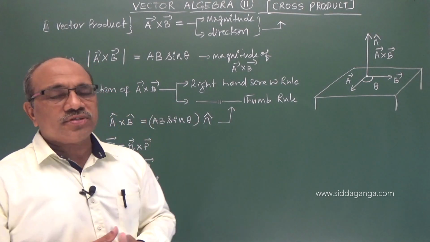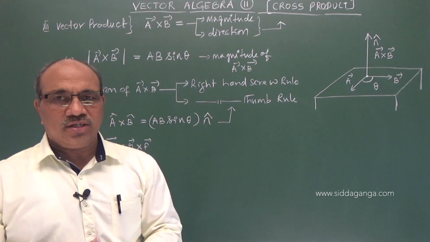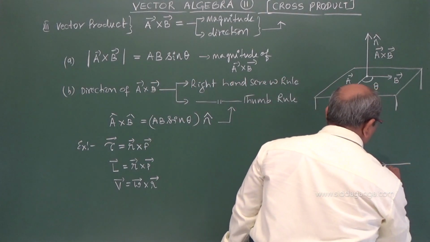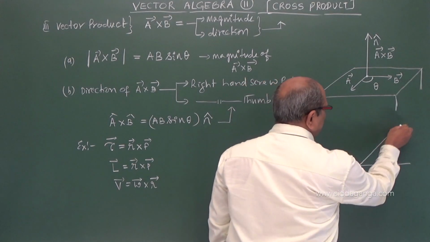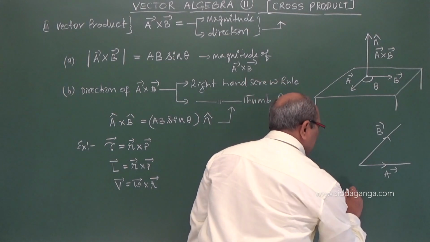Similarly, let us see how this AB sin theta arises. For your convenience, I repeat the dot product once again. This is the vector A and this is the vector B. How do we write A dot B?